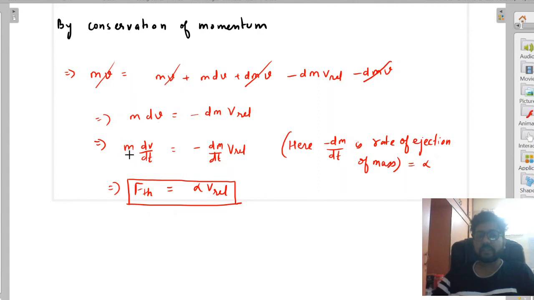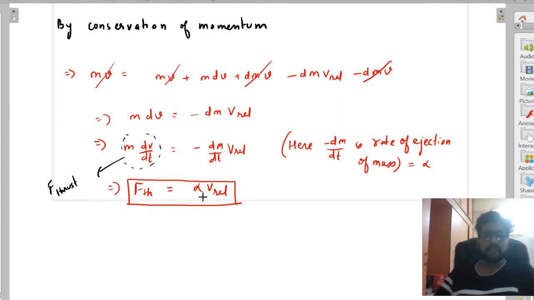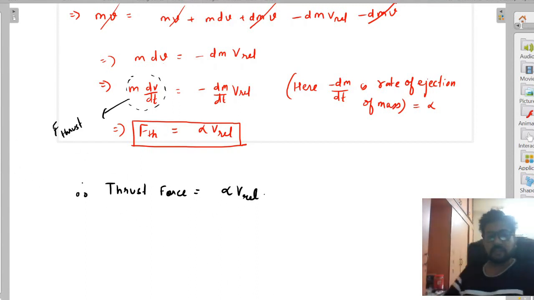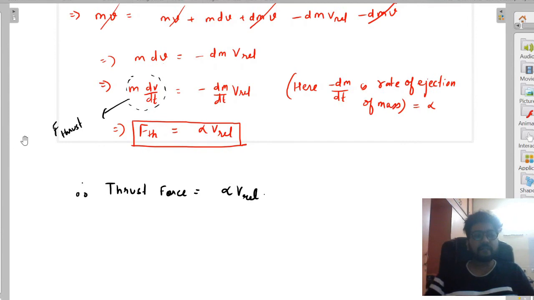This m is not a constant mass, this is a variable mass. So F thrust is equal to minus dm by dt into v relative, which is alpha v relative. So we have derived the relation that thrust force is equal to alpha multiplied by v relative.